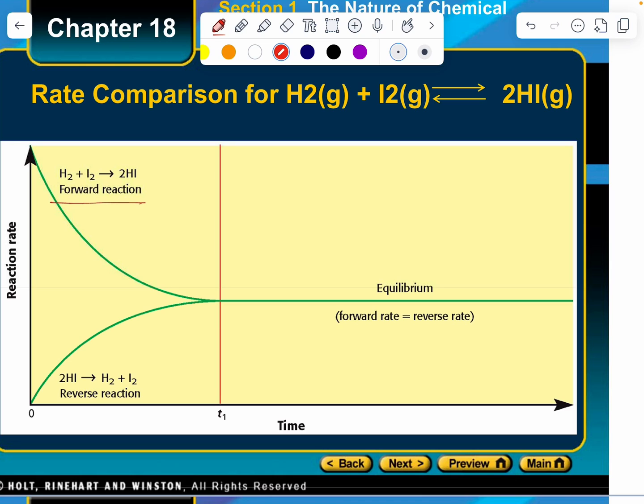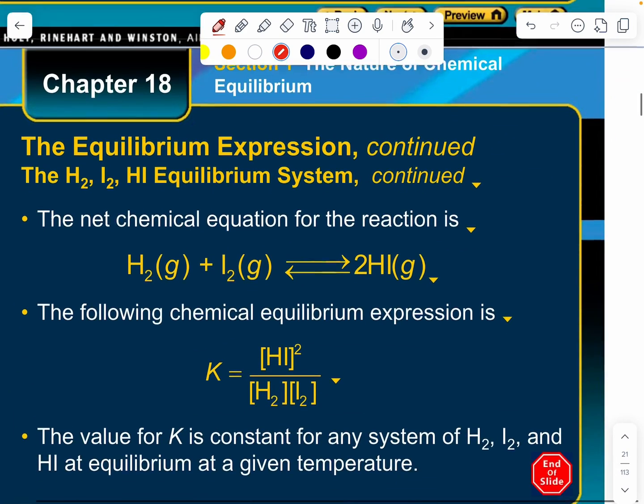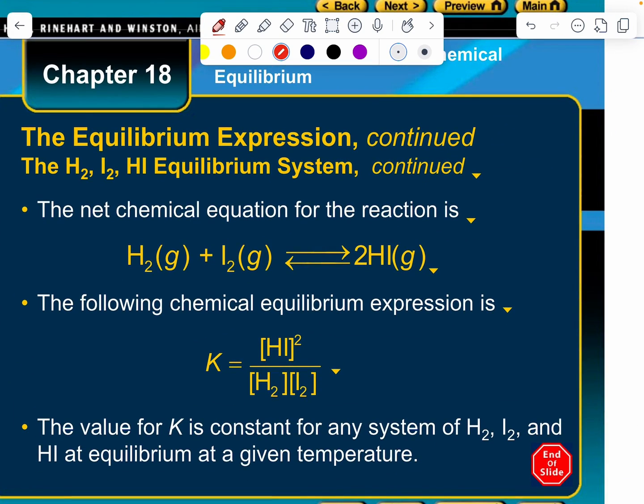This is the forward reaction. As you see, there is a decrease in the rate. For the reverse reaction, we have an increase in the rate. Then forward rate will equal the reverse rate, and we have the equilibrium.